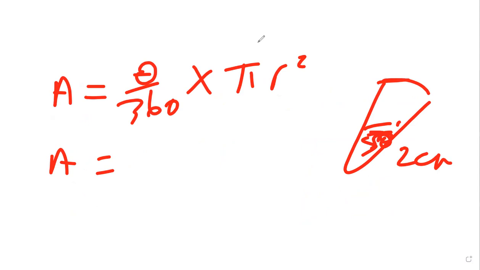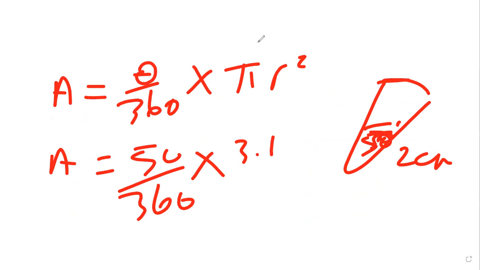So it would be 50 divided by 360 times pi times 2 raised to the power of 2. Let's work this out. 50 divided by 360 times pi times 4 gives us 1.74 centimeters.